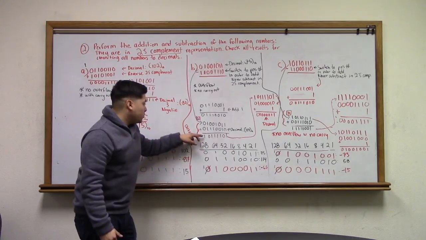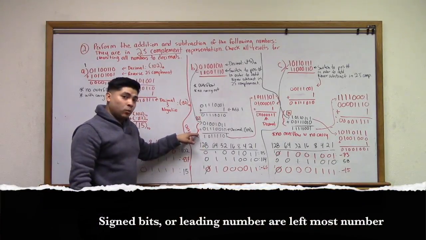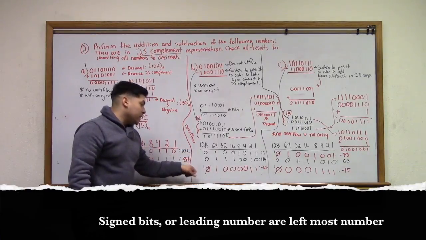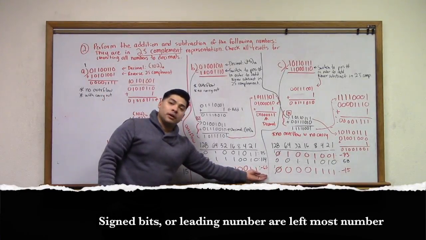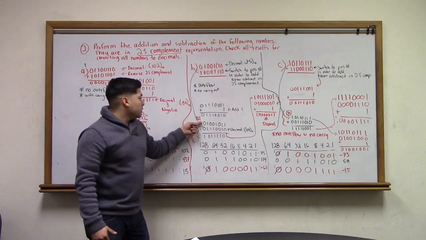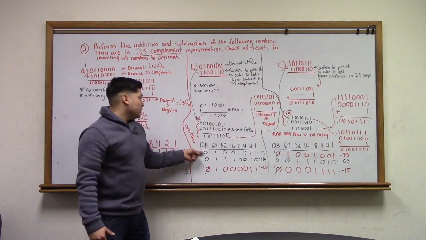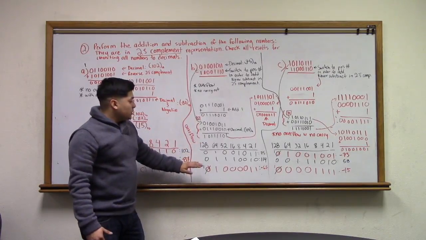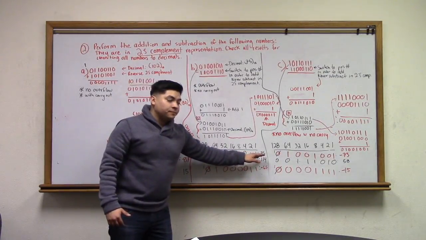Now, revert back to the original problem. Because it had a 1, now this 0 becomes a 1, making this number negative. The top number does not have a 1, so it didn't have to be flipped. It didn't have to add 1, and so it stays as a positive.